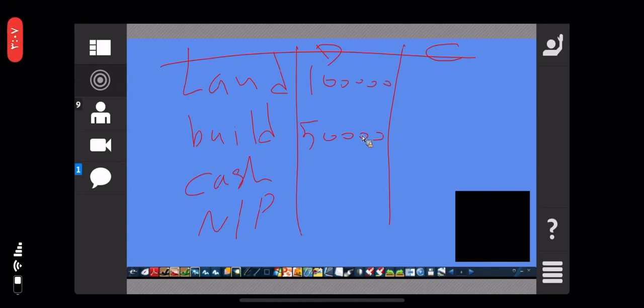And for cash, he said he paid cash 90,000. So cash 90,000, and remaining will be what? 60,000 for notes payable. Total amount 150 in debit and 150 in credit.